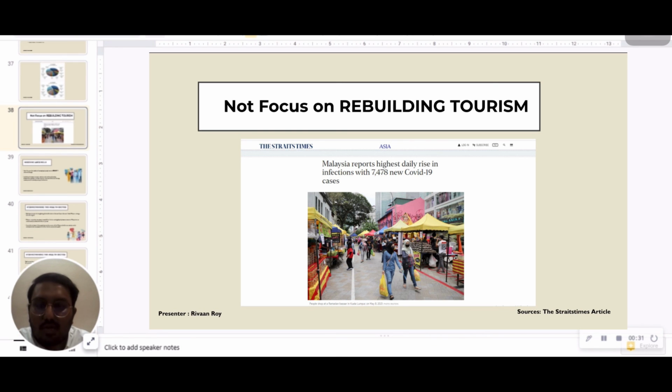These are the main reasons. To prevent Malaysia from experiencing a second wave of COVID-19 infection, the best way of curbing the spread is to close all the borders.